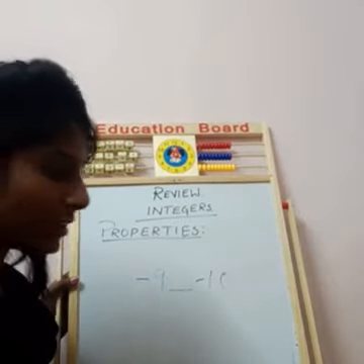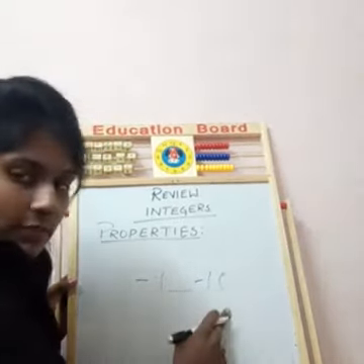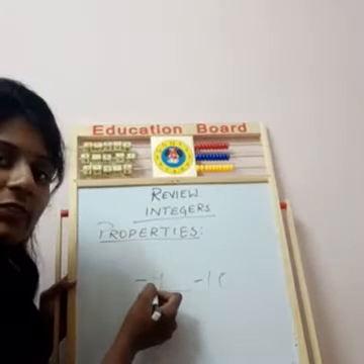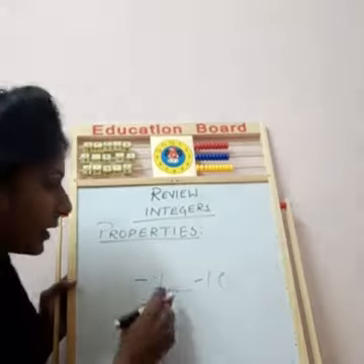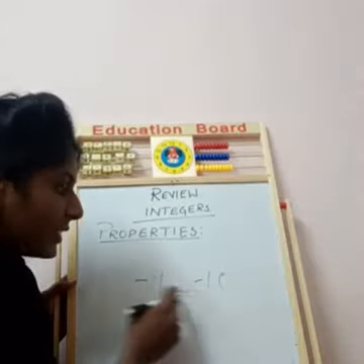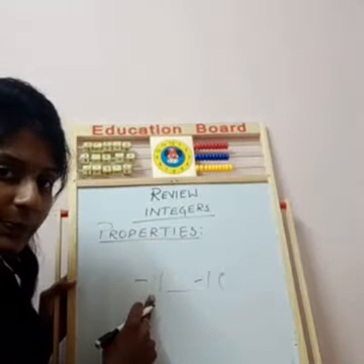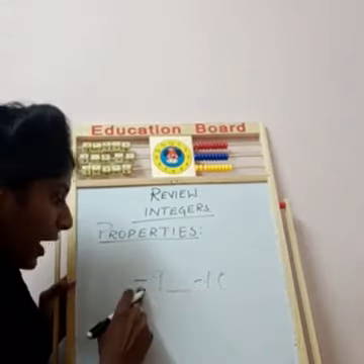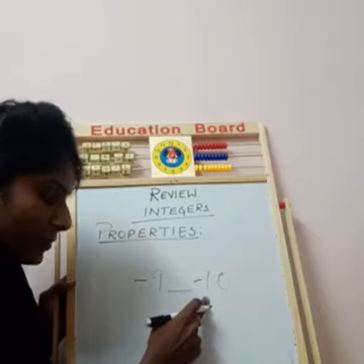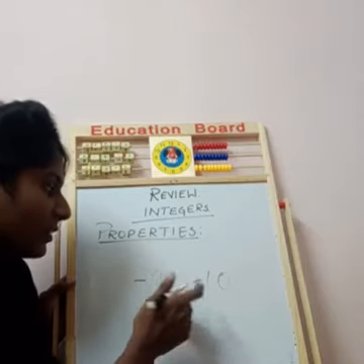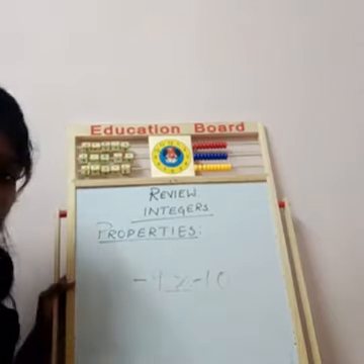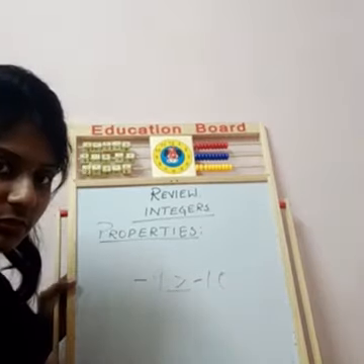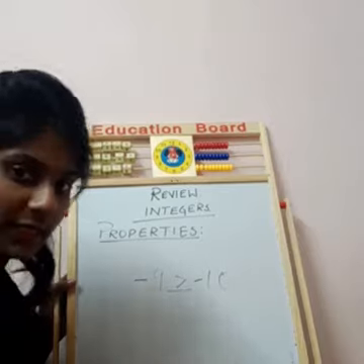Remember that if two numbers are negative, the number which is smaller in value will be the greatest. In 9 and 10, 9 is the smaller one. In spite of the signs, as both are negative, minus 9 will be the greater. I hope you understood.